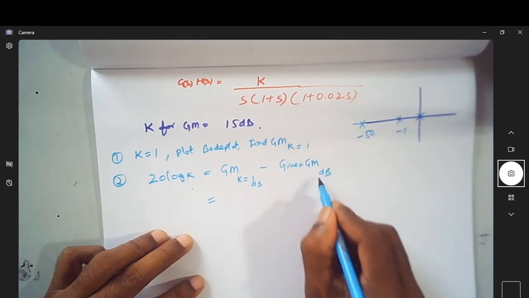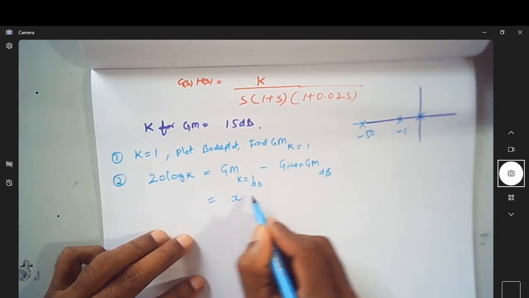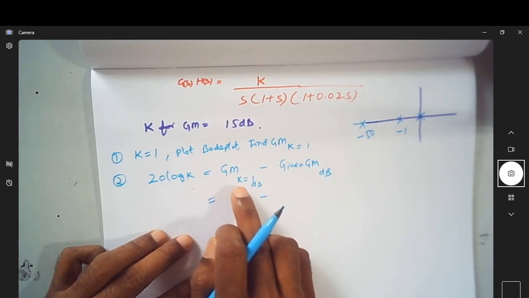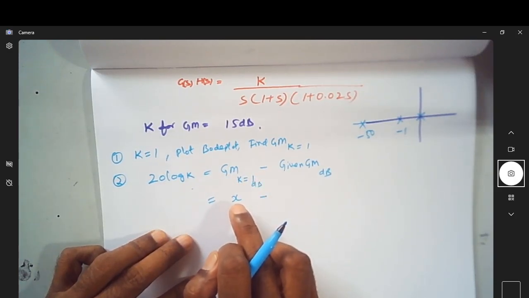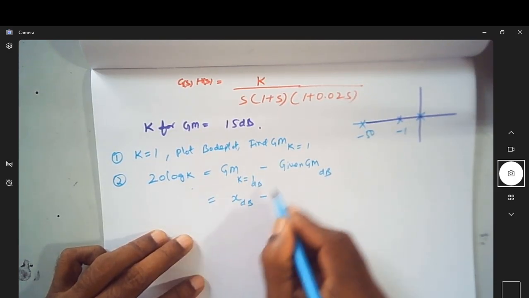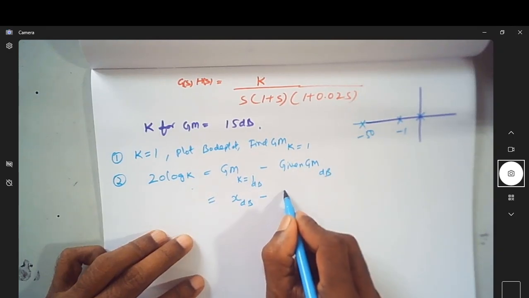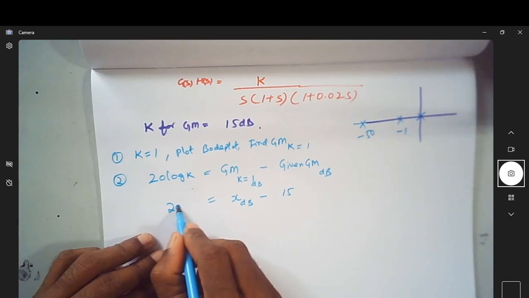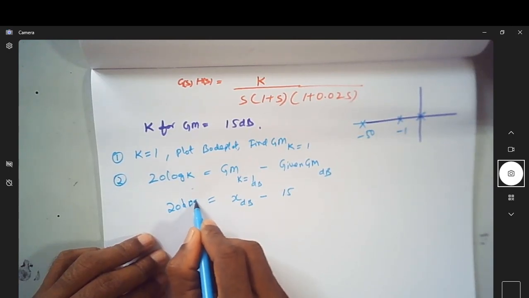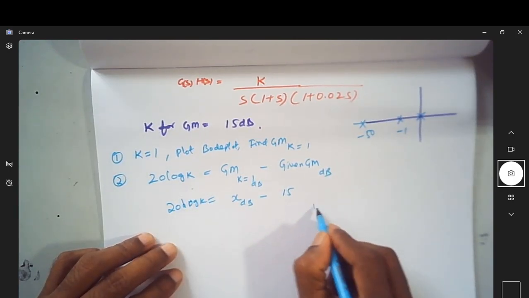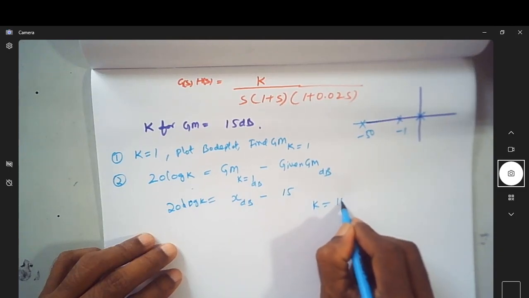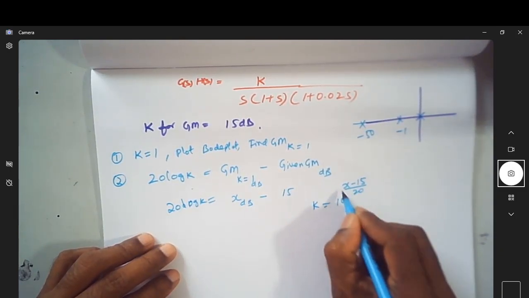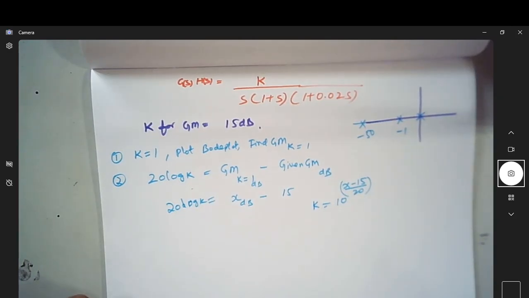If the obtained gain margin with K equal to 1 is X dB, and the given gain margin is 15 dB, then whatever the difference comes should be equated to 20 log K, from which I can find the value of K as 10 to the power of (X minus 15) by 20. This will be the value of K.